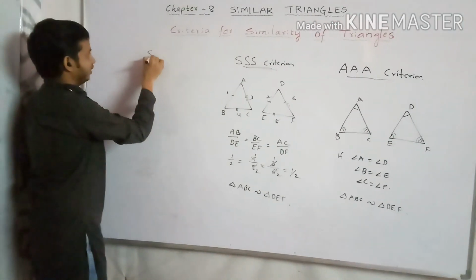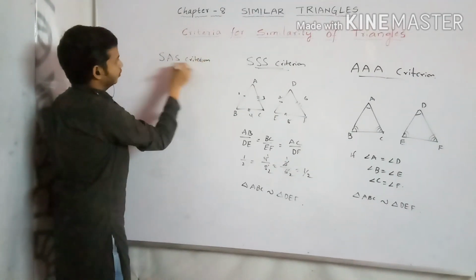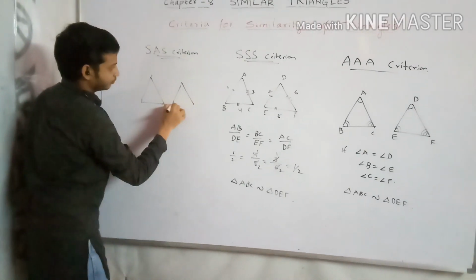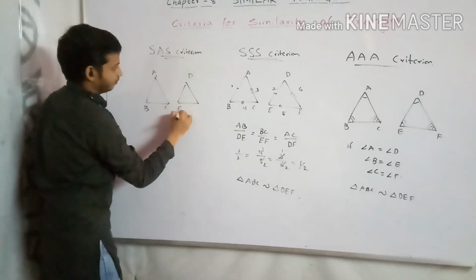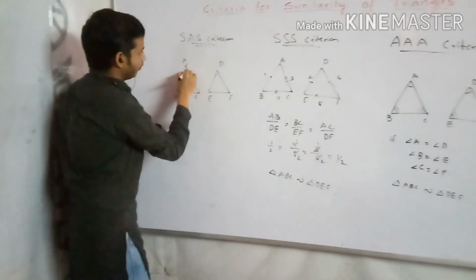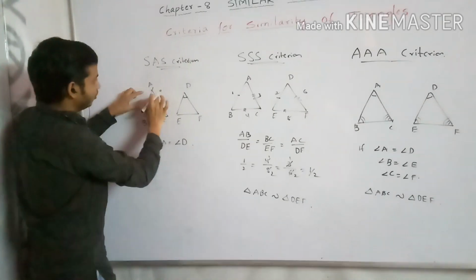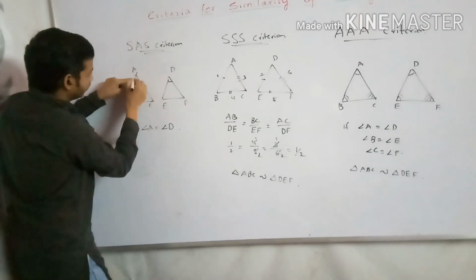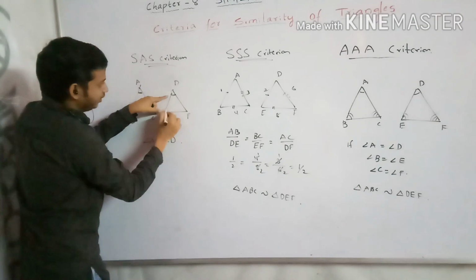Next, the SAS criterion. If we consider two triangles, triangle ABC and triangle DEF, and any one of the corresponding angles is equal, suppose angle A equals angle D, and the sides including these angles are in proportion, that is, the sides including this angle are AB and AC, and the sides including the other angle are DE and DF.